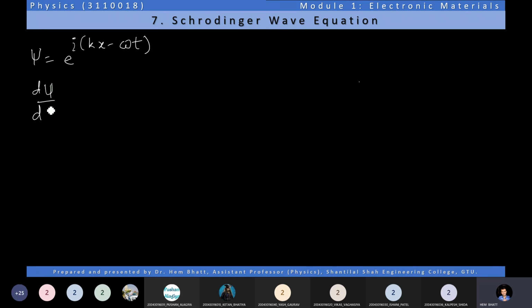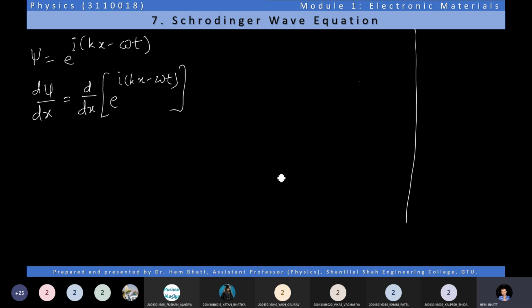Now what if I differentiate this? What happens if you take d psi by dx, d by dx of e raised to i kx minus omega t? I am sure you know that d by d theta of e raised to theta is e raised to theta only. But if I take d by d theta of e raised to k theta, it is k e raised to k theta.